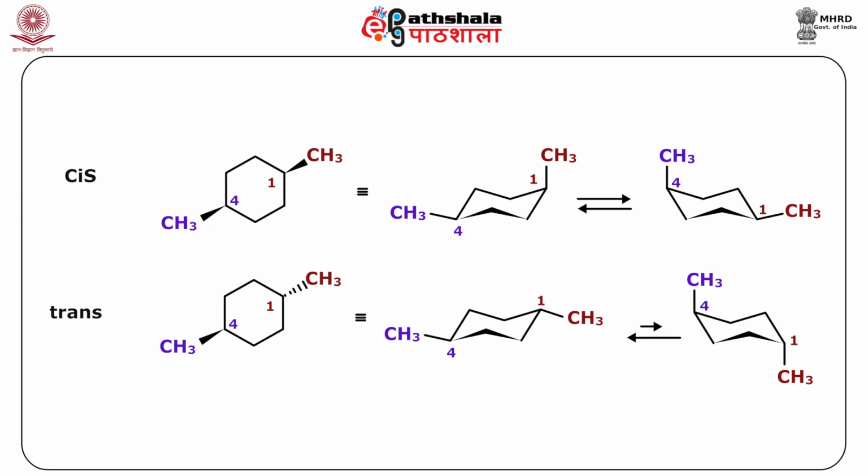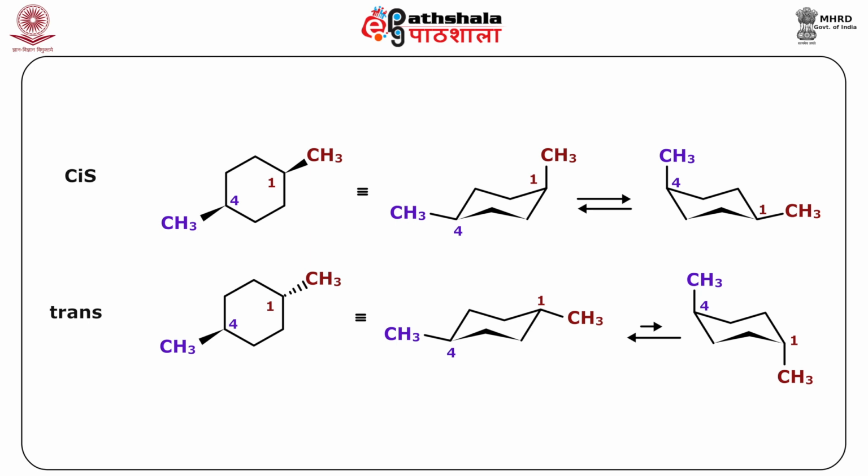The ring flip reverses this arrangement and we get the EA conformer having an identical amount of strain. Hence, the two conformers AE and EA are equal in energies and are easily interconvertible. On the contrary, the trans isomers differ significantly in energies between AA and EE conformers.